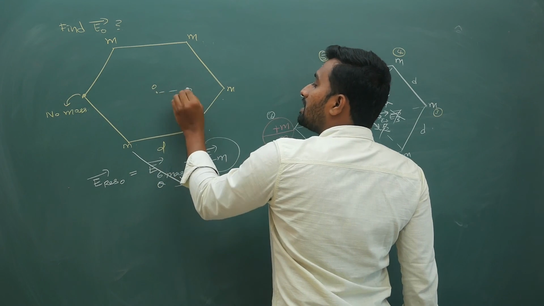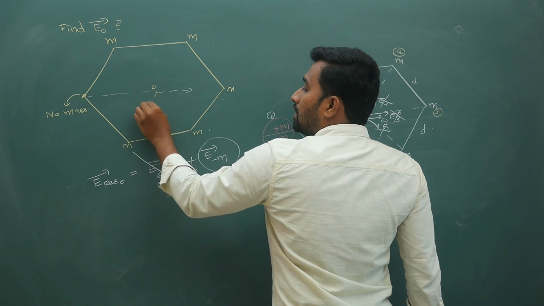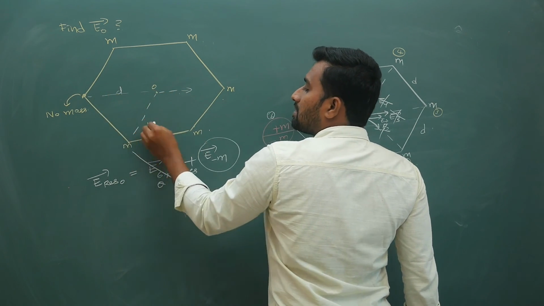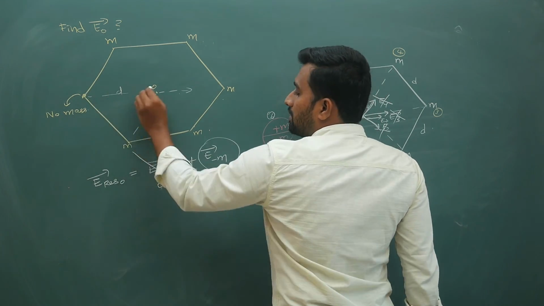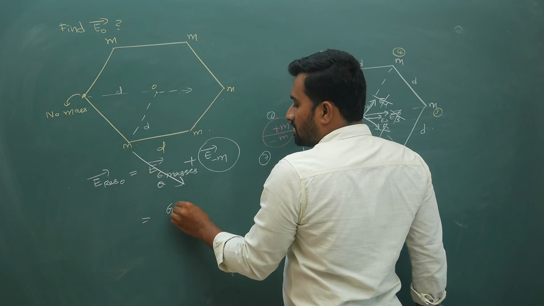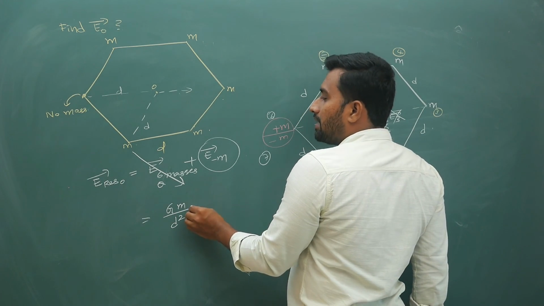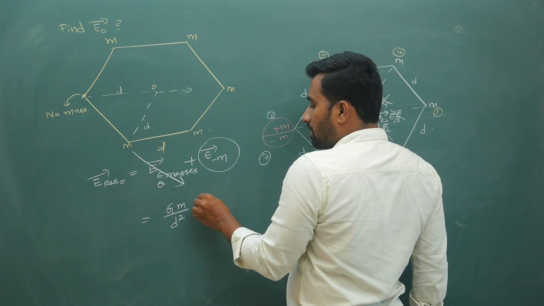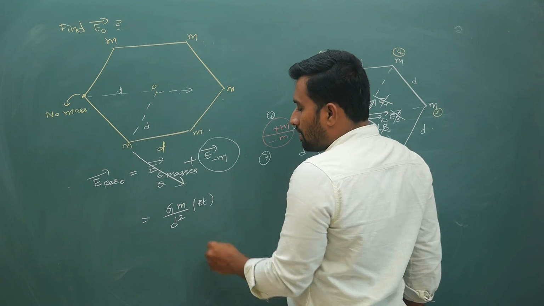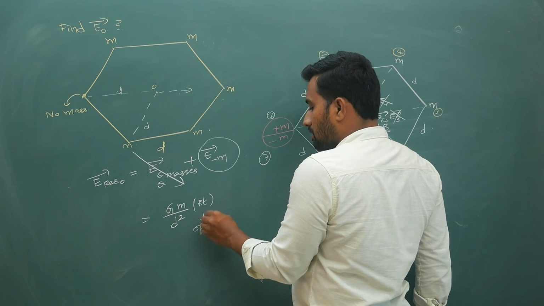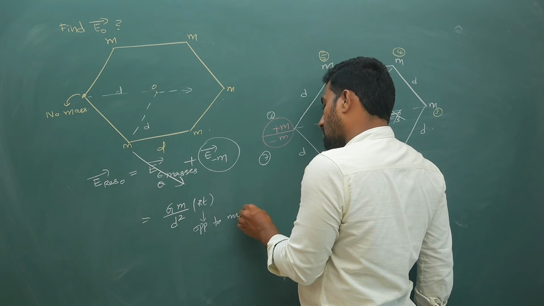So negative mass, it will repel from here to here. Your regular hexagon is divided into 6 equilateral triangles. So from here to here, the distance is D. So it is Gm by D square. Okay, right? Gm by D square, and direction is towards right. So indirectly it is opposite to the missing mass.